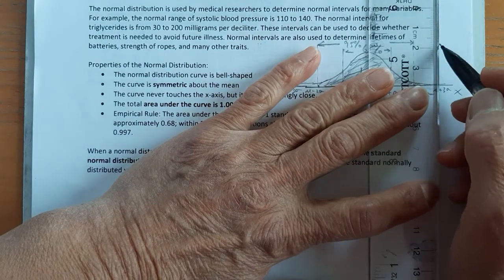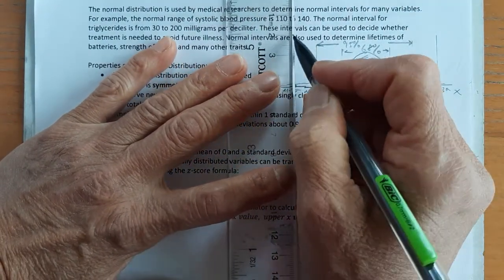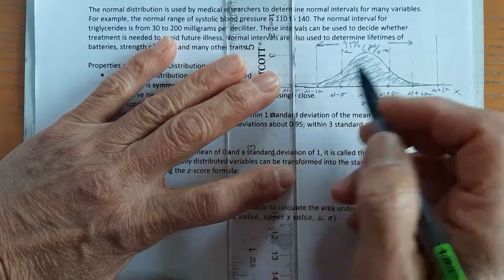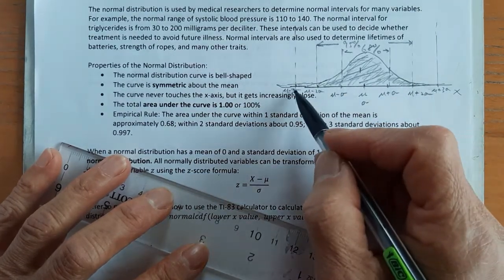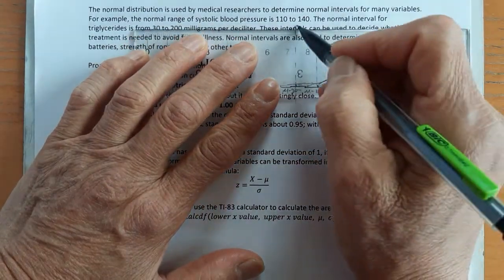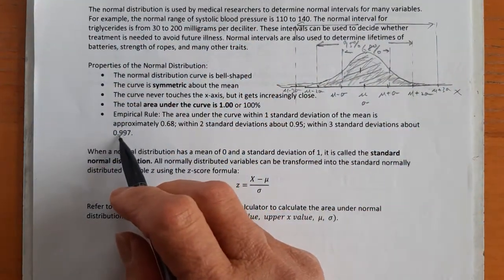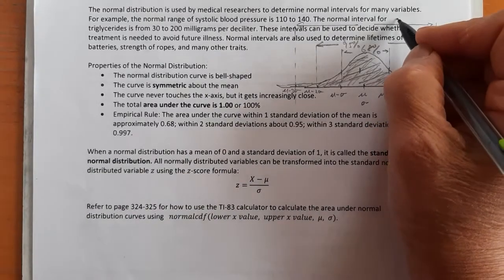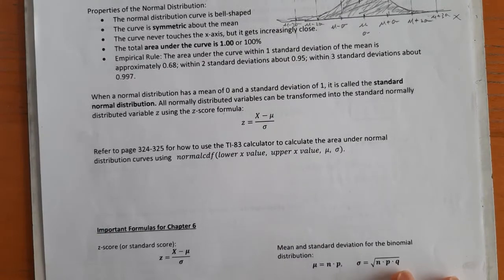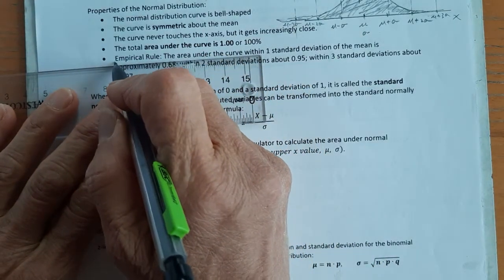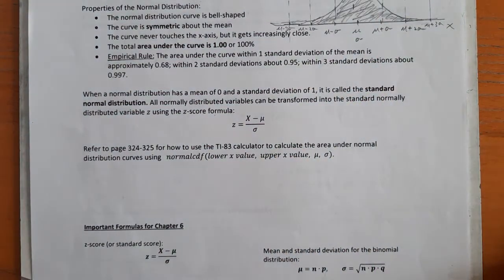So the area from here to three standard deviations about the mean, the total area under the curve, is 99.7%. That's what we call the empirical rule for a normal distribution.